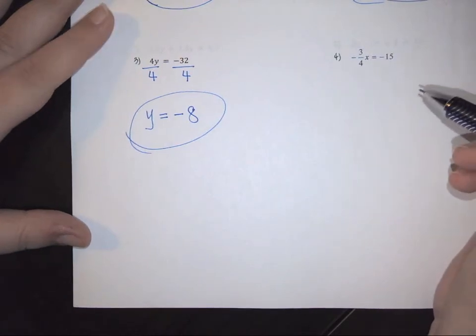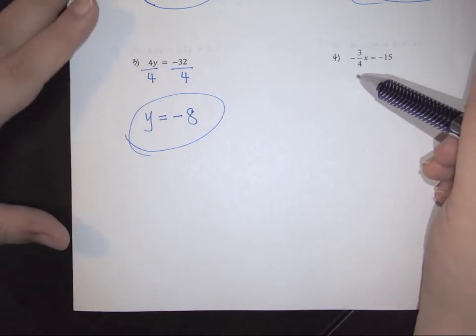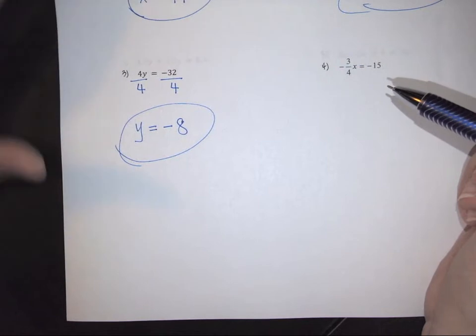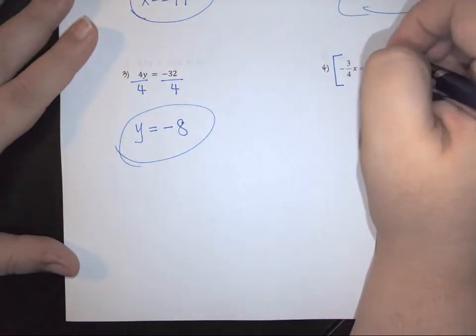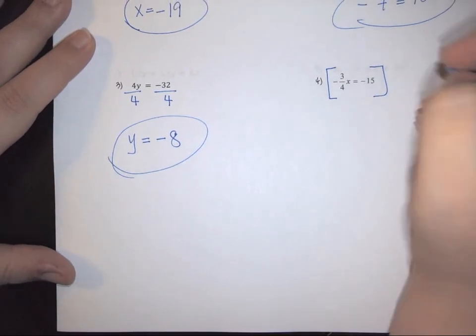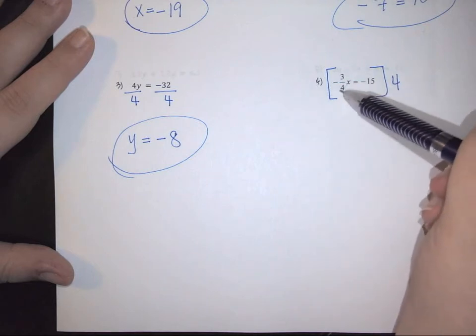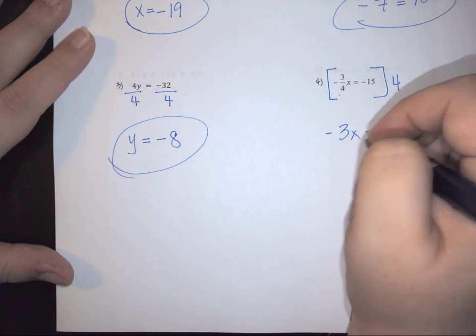Now this next one has to be solved using two steps. First and foremost, we need to get the denominator out of the equation. The easiest way to do that is to multiply the entire equation by that denominator term of 4. In doing that, the 4 is going to go away on this side and leave behind my negative 3x.